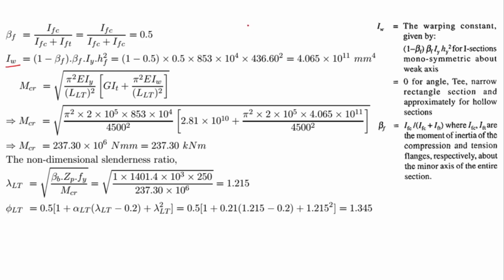Now we have to calculate IW, which is the warping constant. For that, we have to follow Annexure E of IS 800:2007, page number 129. In that annexure, the expression for IW, which is (1 minus beta f) multiplied by beta f IY hY square for I section, is given.